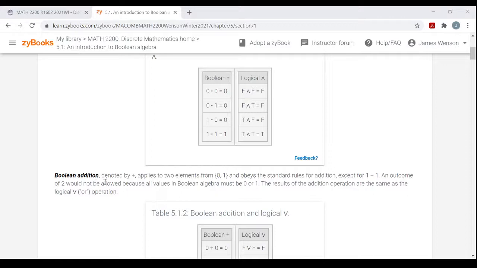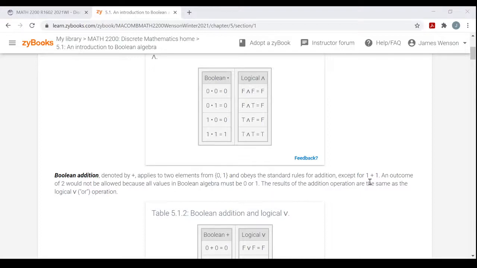So Boolean addition, which, just like addition normally, is denoted by a plus sign, applies to two elements, 0 or 1, and obeys the standard rules for addition, except for 1 plus 1. So this is where it's going to get a little tricky. Remember, the only numbers that are going to show up are 0 and 1. So here in Boolean addition, 1 plus 1 is not 2.